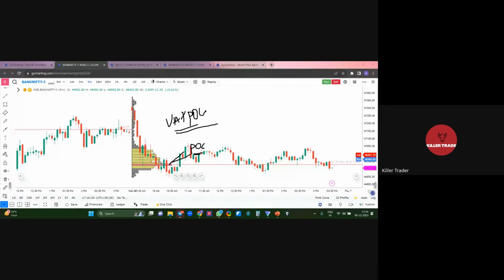For a particular day, you have your value area, you have your POC. The lower side of your volume profile value area is called your value area low, and the higher side is called your value area high.